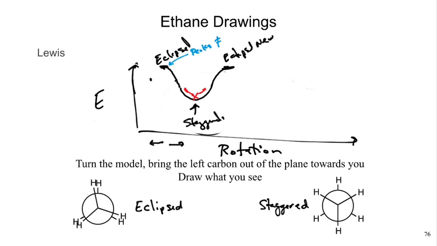I can go a little higher, a little lower, but its steady state is at the bottom. If I look at the eclipsed, what happens? When I get up to the eclipse, it's like, nope, and starts to roll the other way. So you can envision it almost like a ball on this curve. The ball is never going to sit at the eclipsed point because it's a peak.